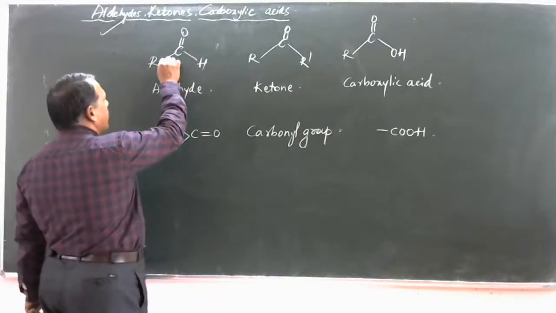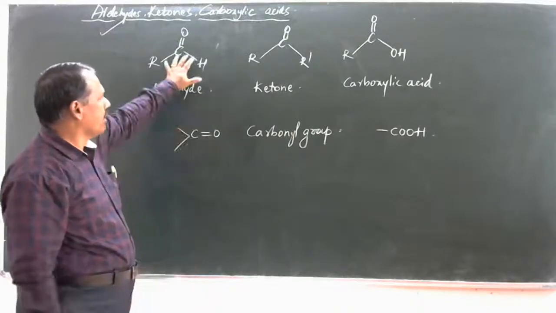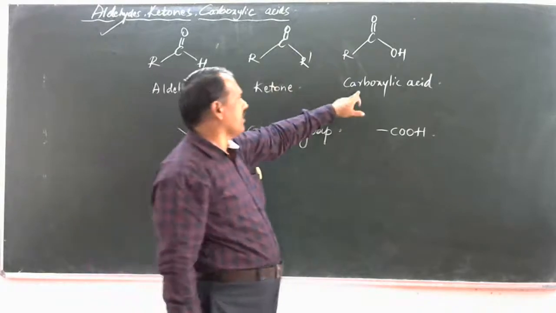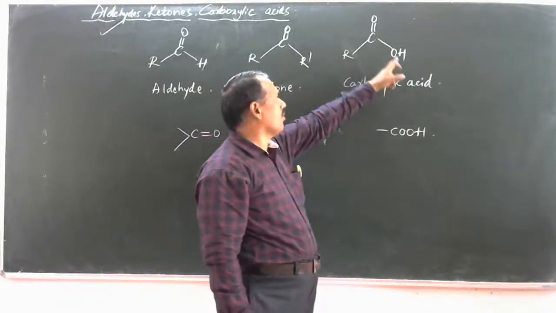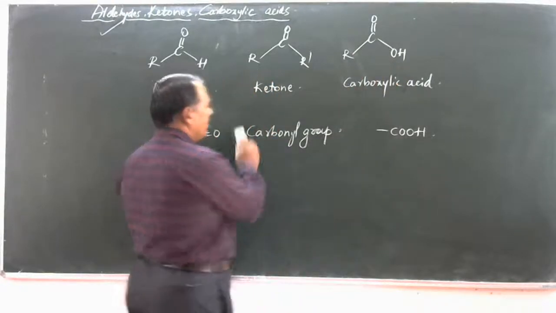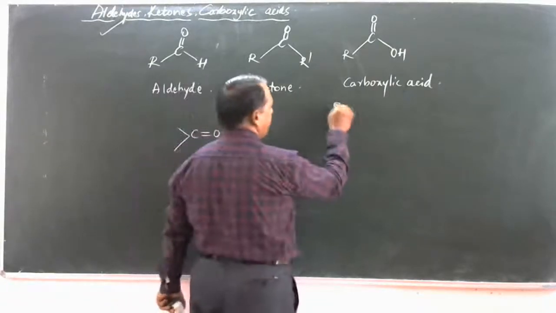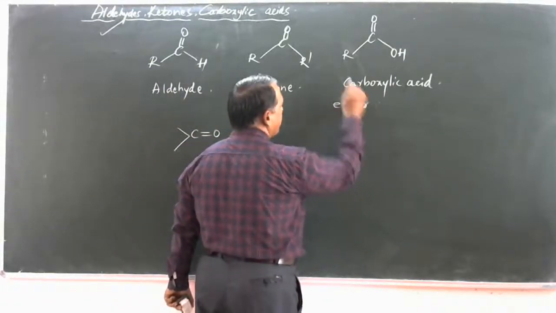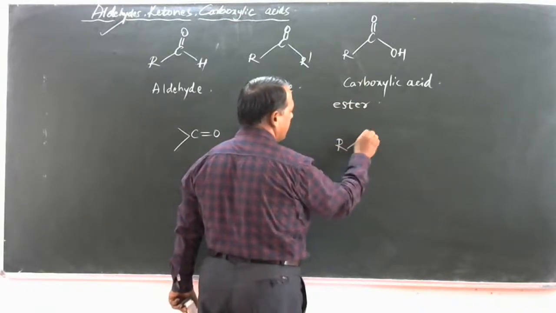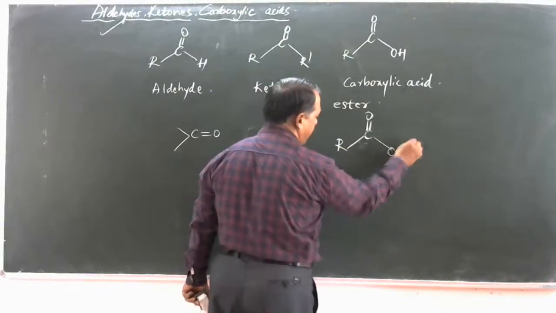You have to remember the functional groups: R-C double bond O-H for aldehydes, R-C double bond O-R' for ketones, and R-C double bond O-OH for carboxylic acids. Derivatives of carboxylic acid include the ester group, R-C double bond O and OR'.